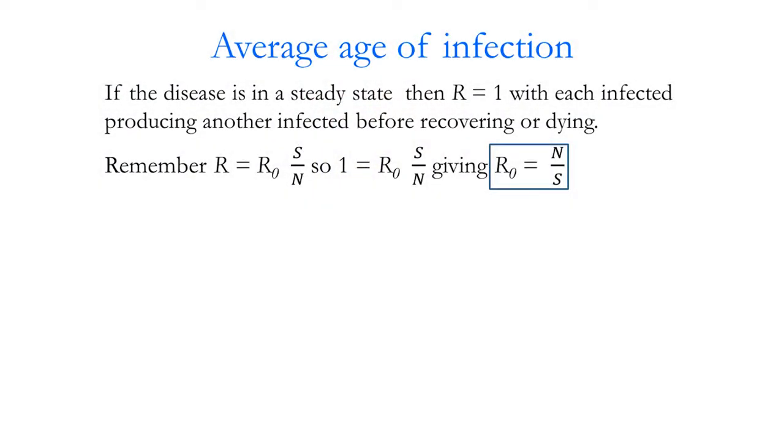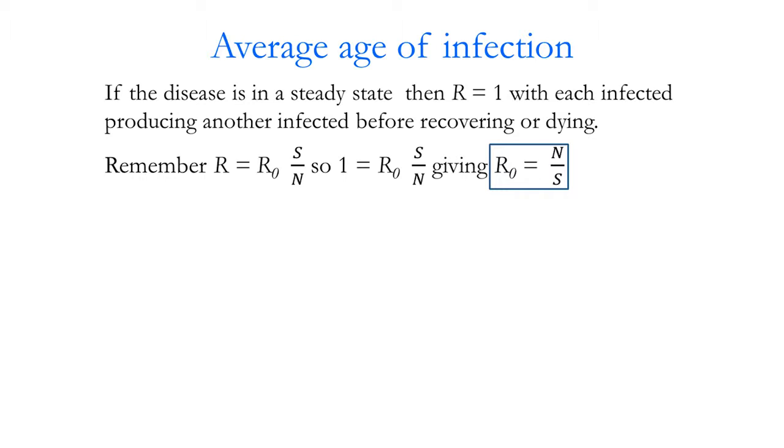Let me go to the average age of infection. We're going to look at a steady state situation, so the numbers are constant. If it's in a steady state, then each infected has to produce on average another infected, so R, the effective reproduction rate, is going to be 1.